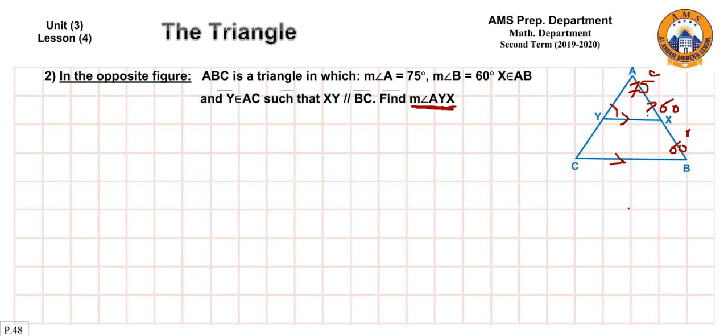How can we write the proof? Write it as follows. We will start by writing the parallel lines and the corresponding angles.